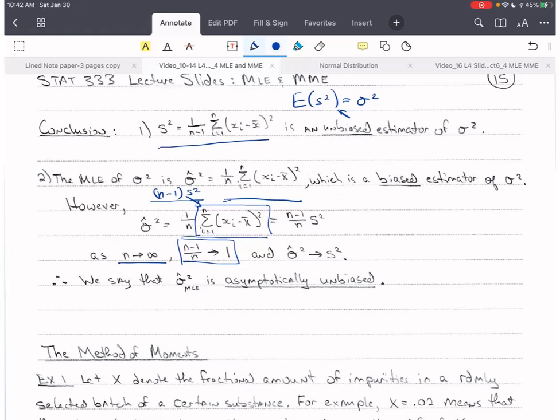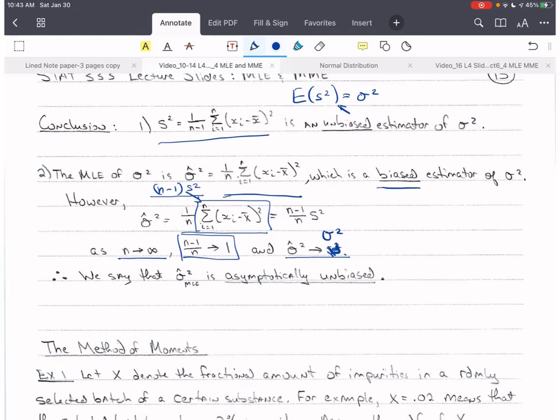So as the sample size gets larger, sigma hat squared, the MLE, approaches, I shouldn't have s squared here, sorry, approaches sigma squared. So we say that sigma hat squared, the MLE, is asymptotically unbiased. It is biased, but asymptotically it's unbiased.